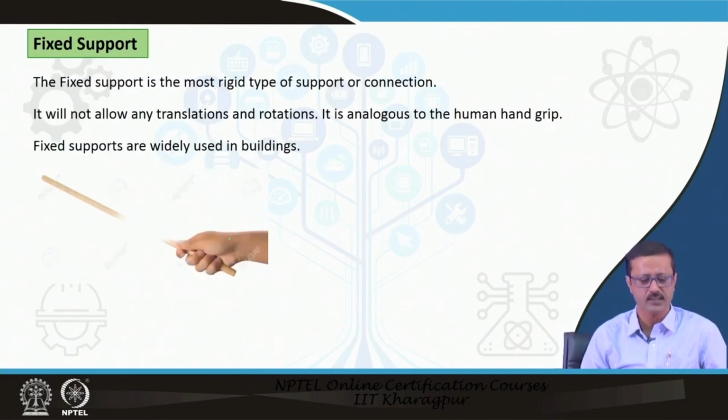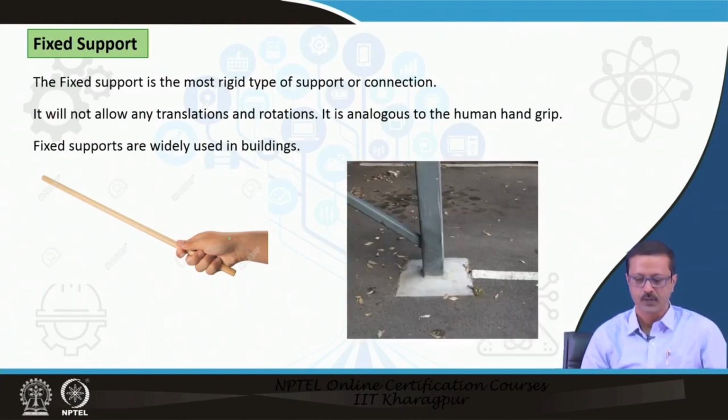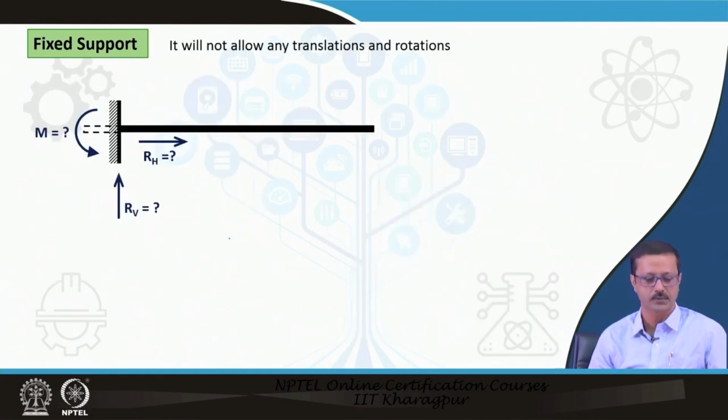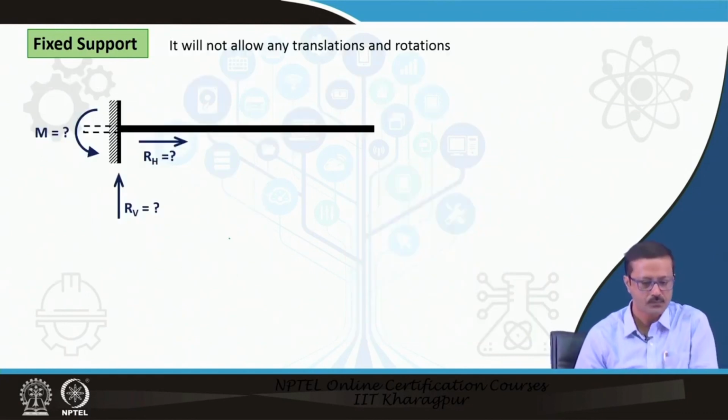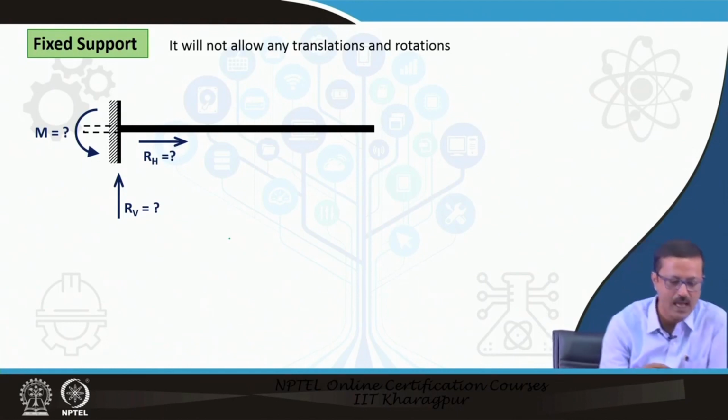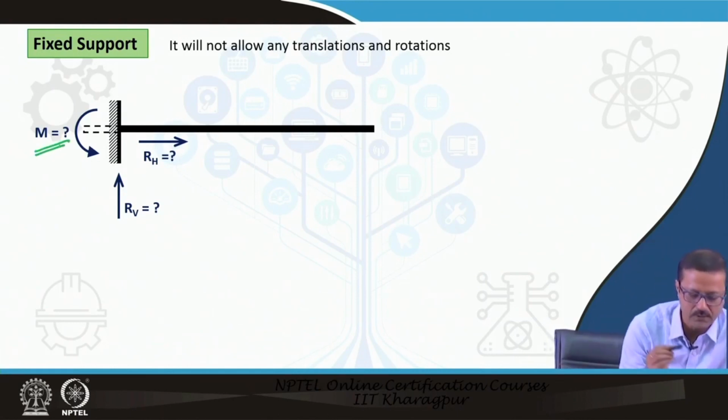In case of a fixed support, it has everything arrested, something like somebody holding a stick in hand, or something very well grouted in a vertical or horizontal plane. Those are the fixed supports. In the fixed support, as it is not a hinge, it cannot move. So, it will have some kind of moment which I do not know.